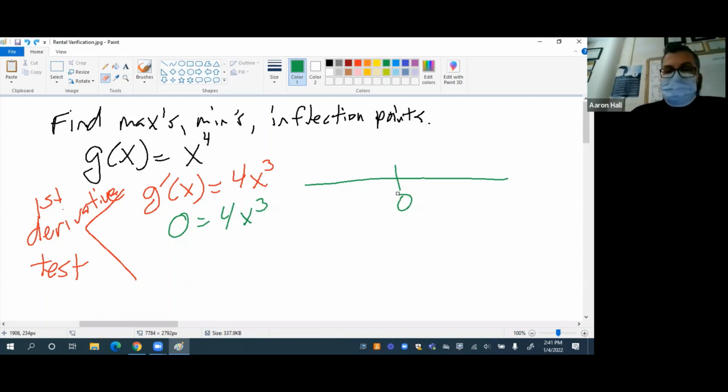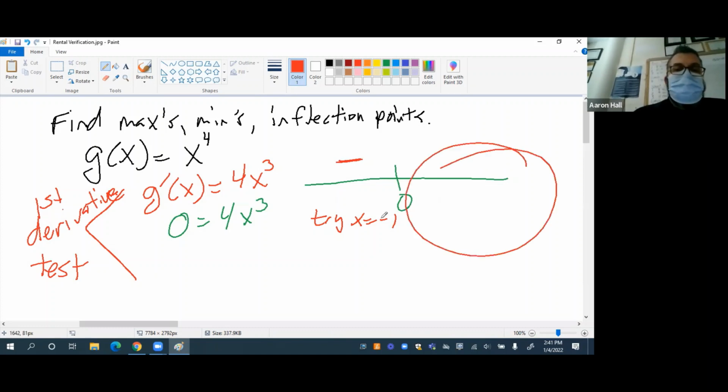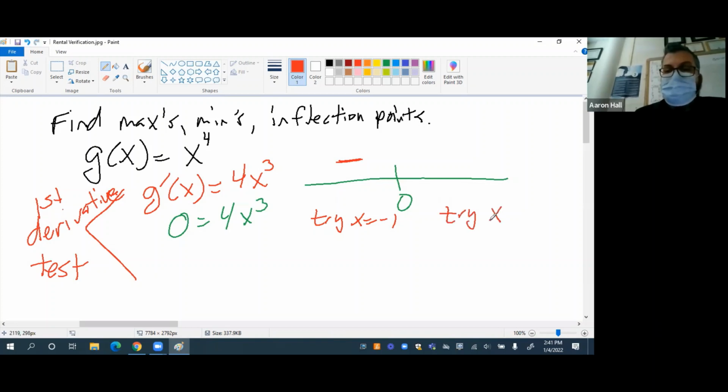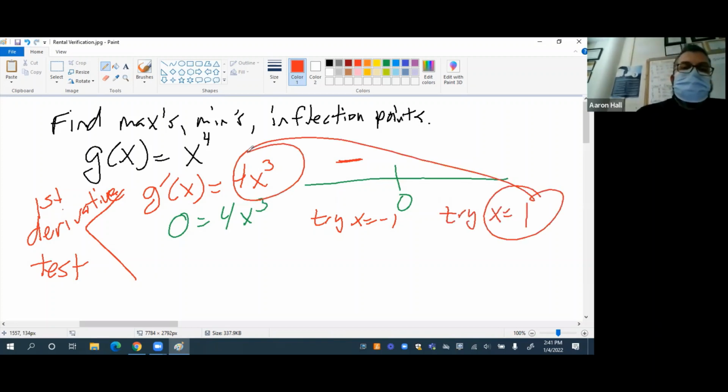Okay, so let's figure out what the slope is on both sides. How do I find what the slope is over here? Try x equals -1. If I plug in -1 here, it gives me a negative slope. What about on this side? It's positive, so I'm going to try 1. When I plug that in, it's going to be a positive slope.